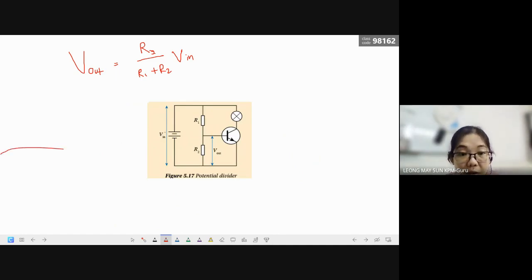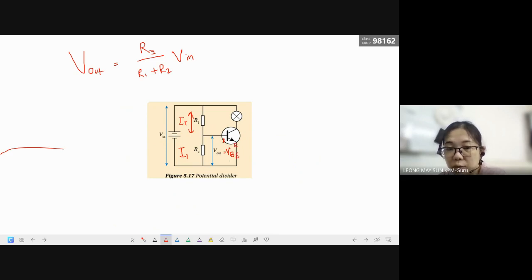This is V_in, this is R1, this is R2. This is the current passing through, because they are in series, so this is the total current, also I total. Now, V_out is the potential difference across the base and the emitter.